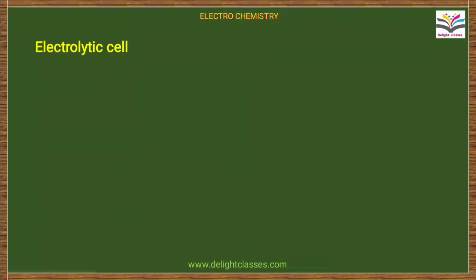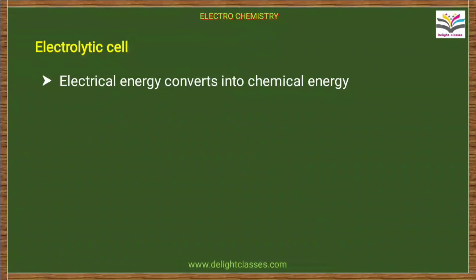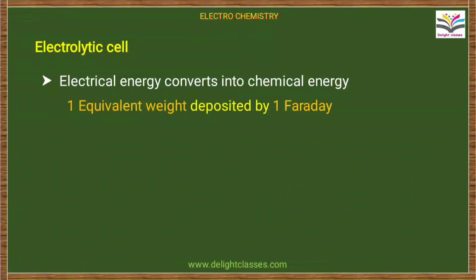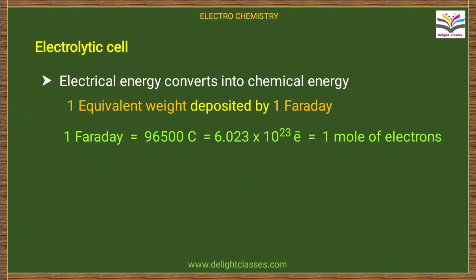Electrolytic cell. Electrical energy converts into chemical energy. One equivalent weight is deposited by 1 Faraday. 1 Faraday is equal to 96,500 coulombs, which is equal to 6.023 into 10 power 23 electrons, which is 1 mole of electrons.